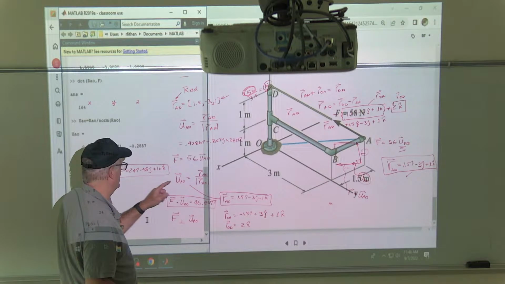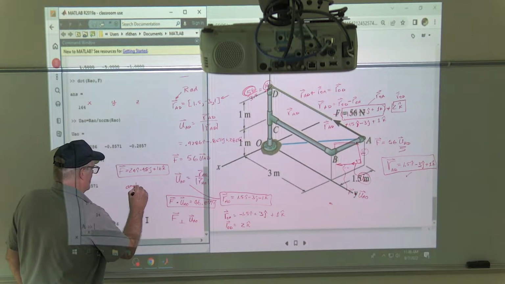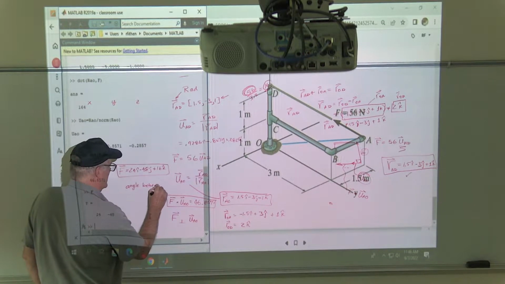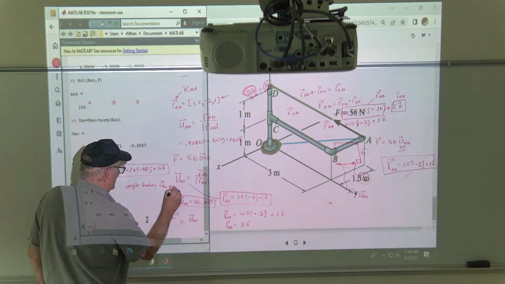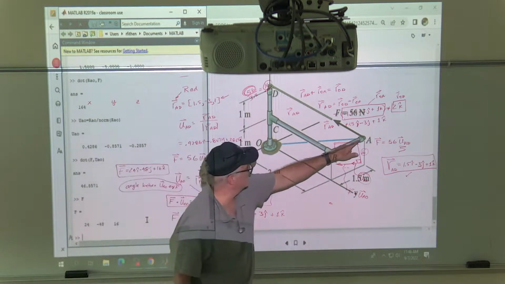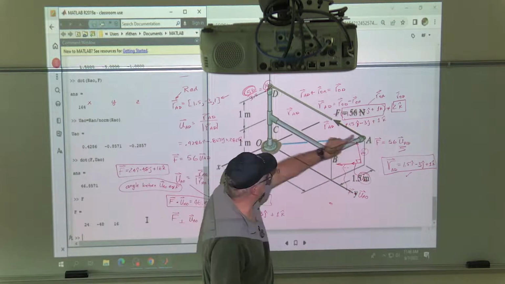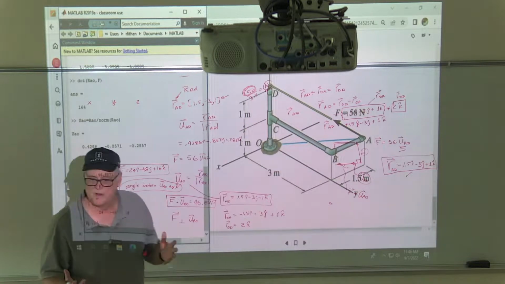I don't know the angle between UAO and F. So think about that for a minute. If I'm looking at this and I say, what is the angle between this line and this line? I don't really know what that is.